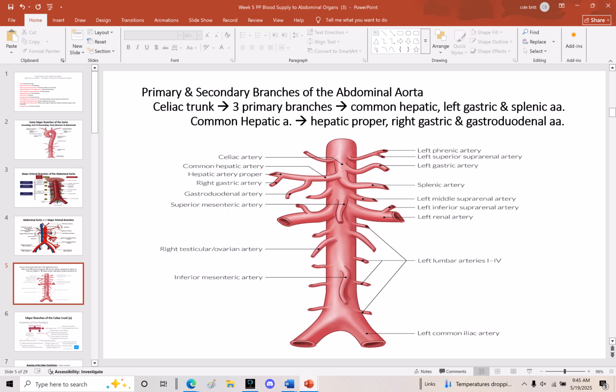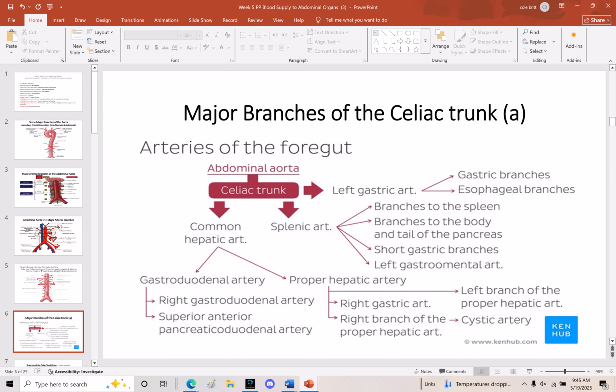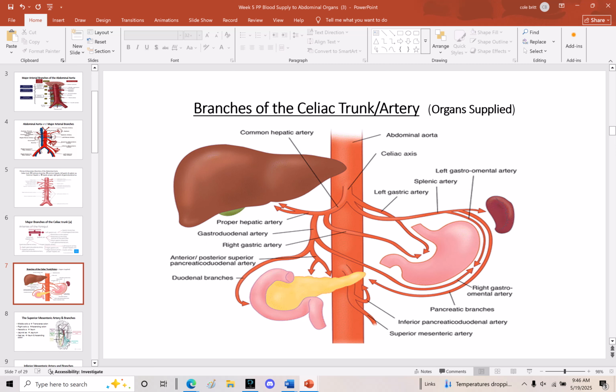All right, so here we have a chart showing everything I just talked about. And down here we have the picture showing everything I just talked about. Now I didn't mention this right here because this varies a little bit in how it works. But you have an anterior and a posterior pancreaticoduodenal artery. Supplies the head of the pancreas.